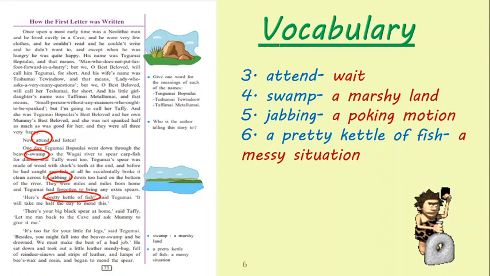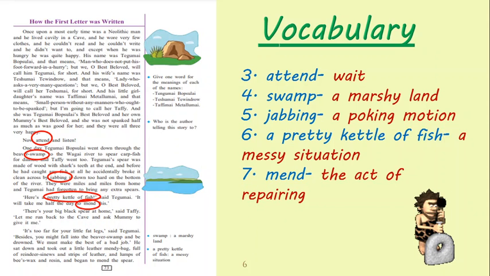Yes, you're correct. A pretty kettle of fish is a phrase for messy situation. Now look for a word that means the act of repairing. You're absolutely correct. The word mend means the act of repairing.